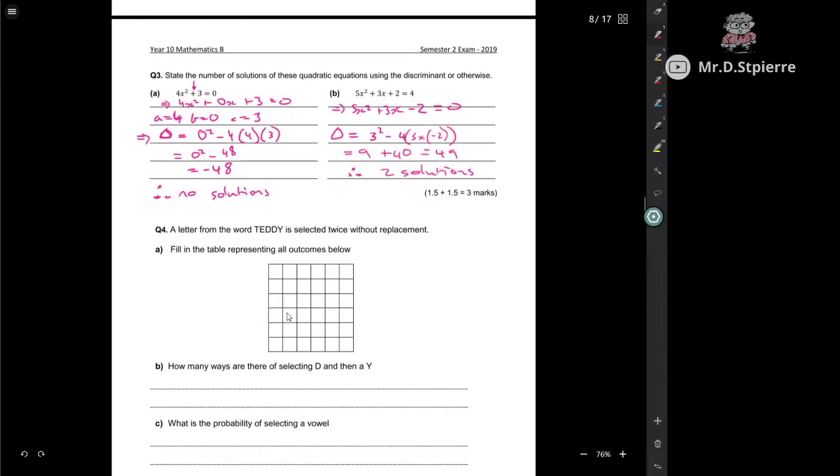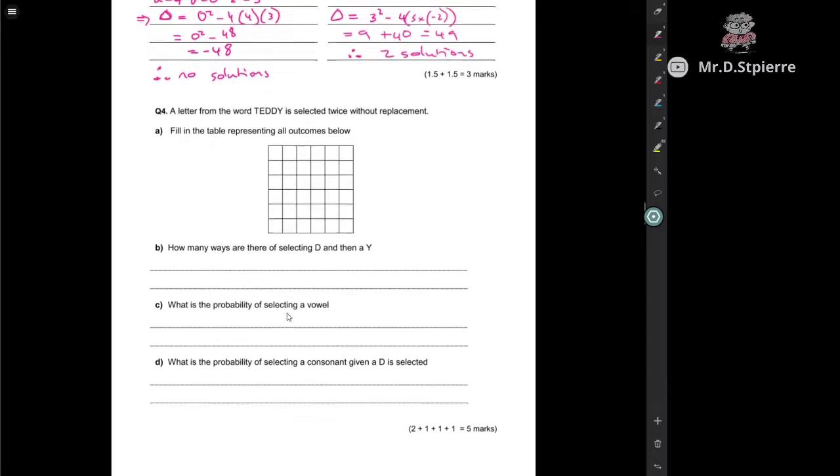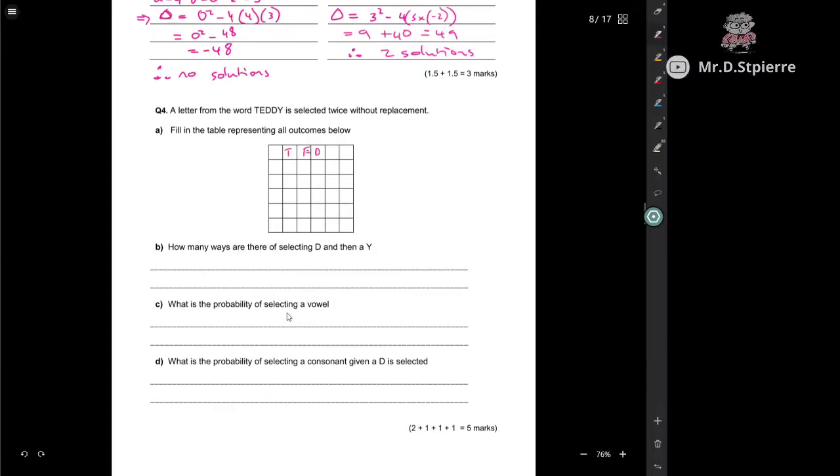A letter from the word Teddy is selected twice without replacement. Fill in the table representing the outcomes below. So we have T, E, D, and I'm going to put a 1 there, a D2 since there's 2 D's in it, Y. T, E, D1, D2, Y, and then I now need to start filling in the rest of it. So we get TT, ET, T. Just bear with me, I'm going to take about 30 seconds to fill this in.